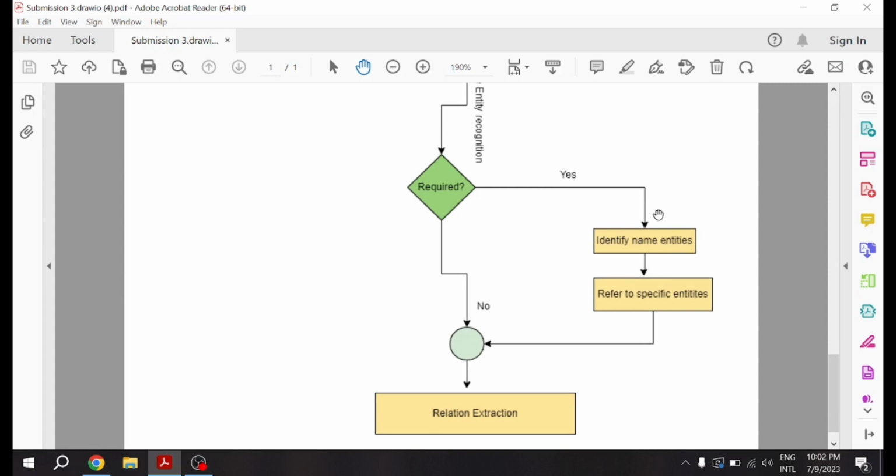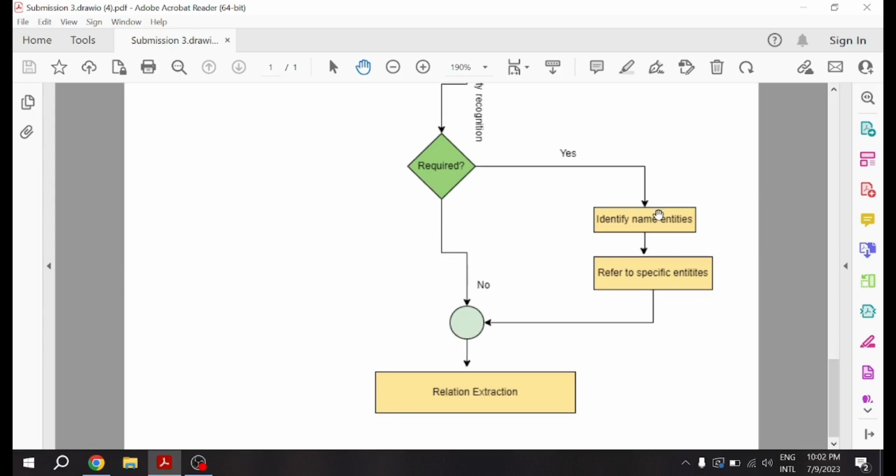Then we will go to relation extraction. Relation extraction is a natural language processing task that involves identifying and extracting the relationships or associations between named entities mentioned in text. It aims to uncover connections between entities and represent them in a structured format.